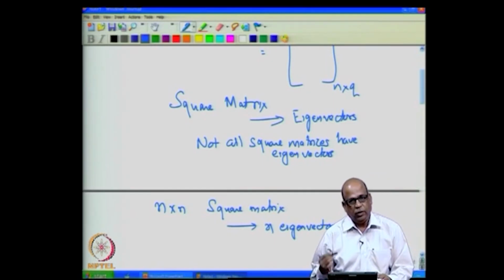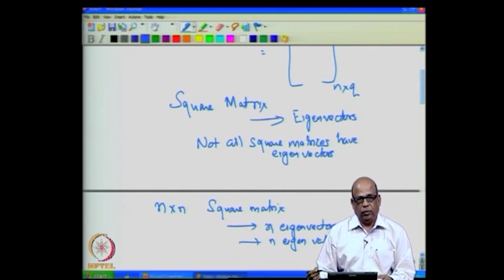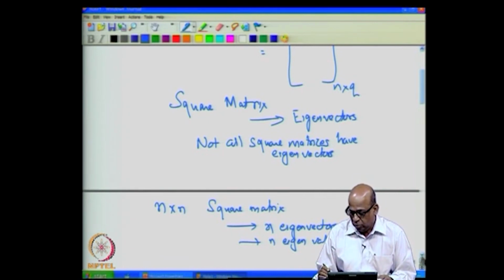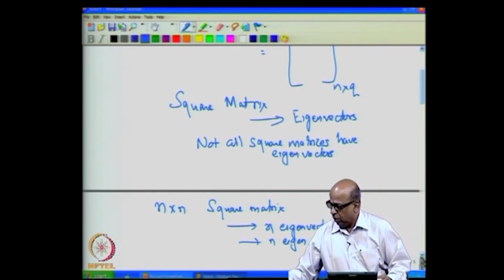And associated with each of the eigenvectors, you have eigenvalues. So, if you have a n by n square matrix, you will have n eigenvectors and at most n distinct eigenvalues. So, how to determine these we will see in today's class.